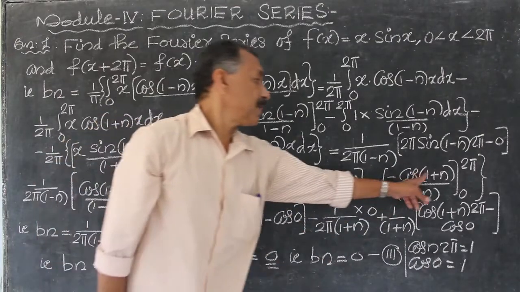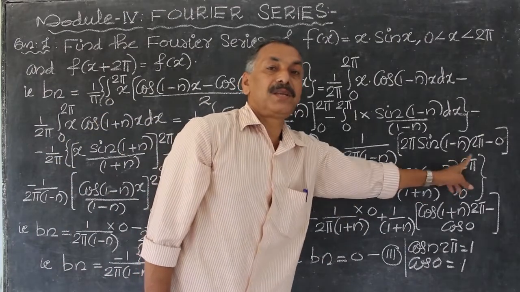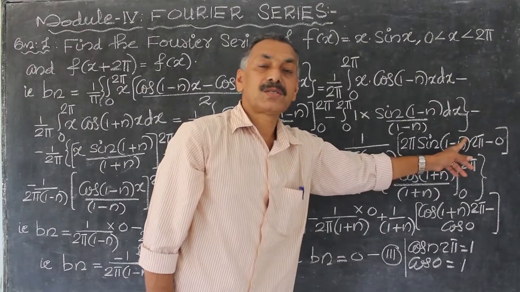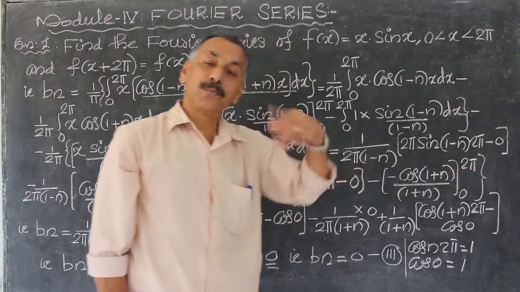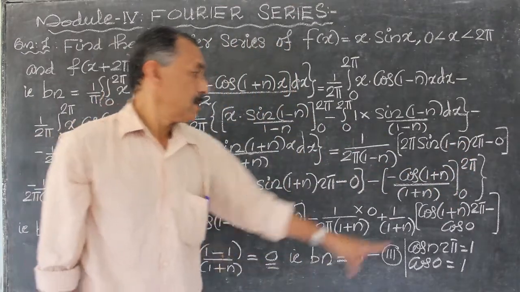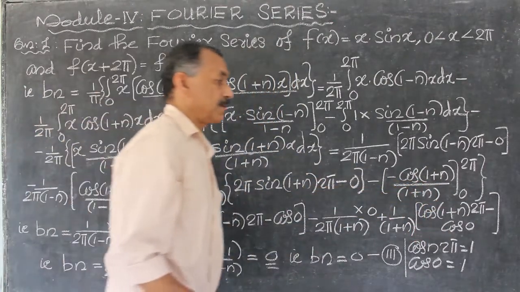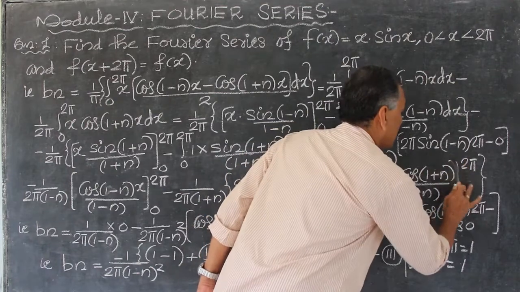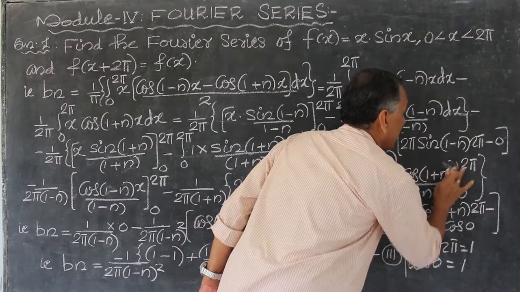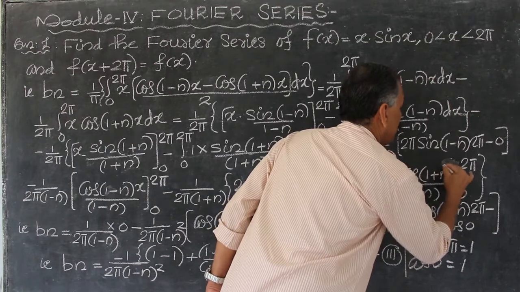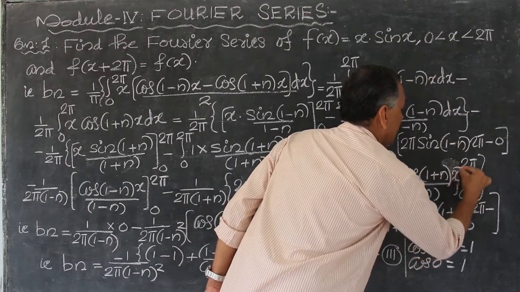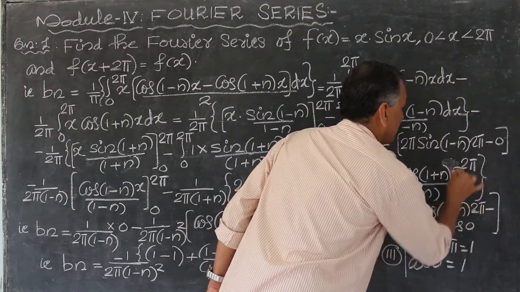If you apply the upper limit, cos(1 plus n) into 2 pi, a 2 pi multiple, that is 1. Lower limit apply cos 0, value 1.